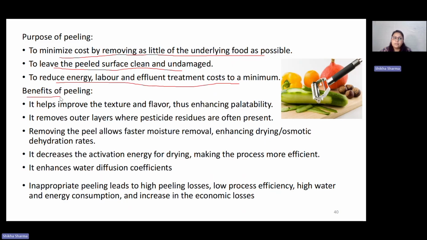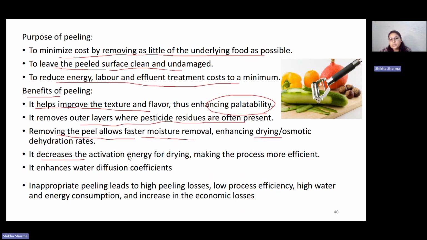The benefit of peeling is that it helps improve the texture and flavor, thus improving the overall palatability. Then it removes the outer layer where pesticide residues are often present, and when the peel is removed, faster moisture removal can happen, so it enhances the drying or osmotic dehydration rate.